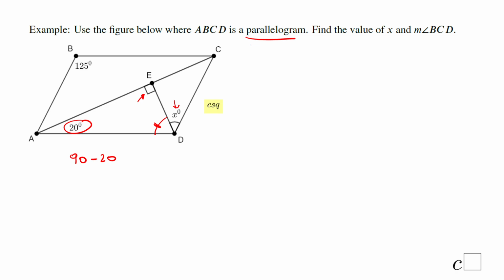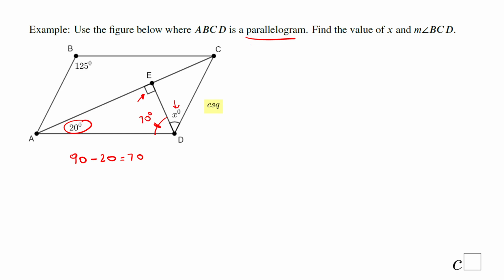They are acute angles in a right triangle. The right triangle is triangle AED. So 90 minus 20 will be 70 degrees. That is how much this angle is.